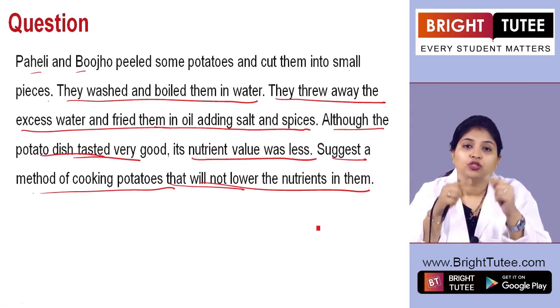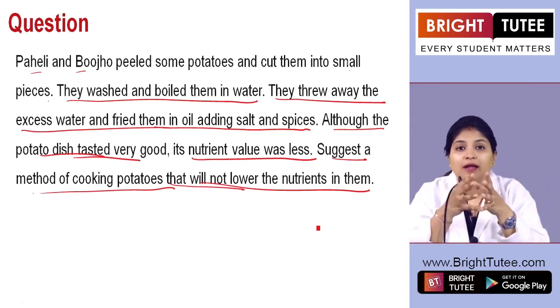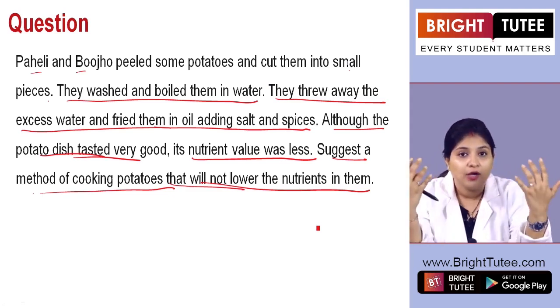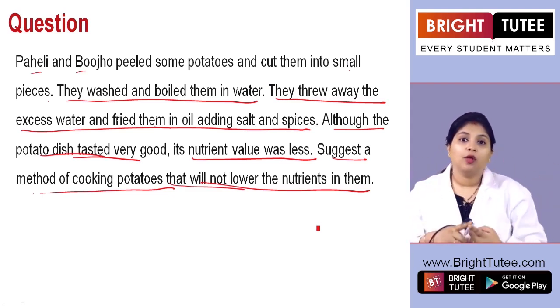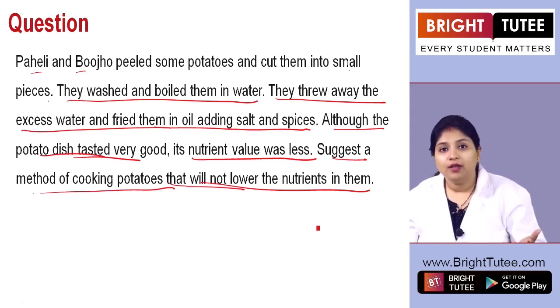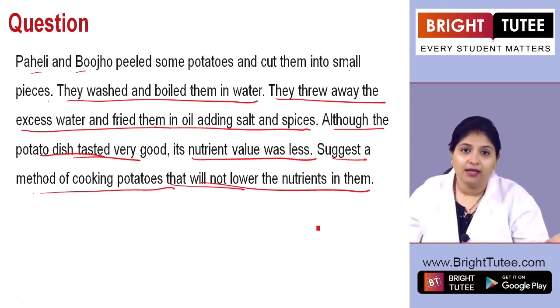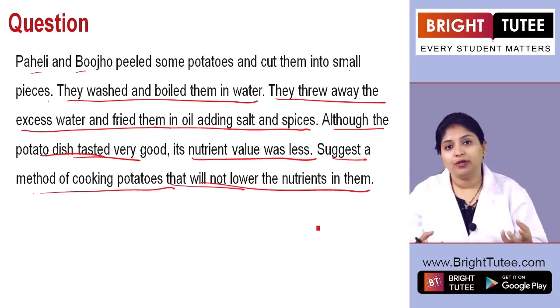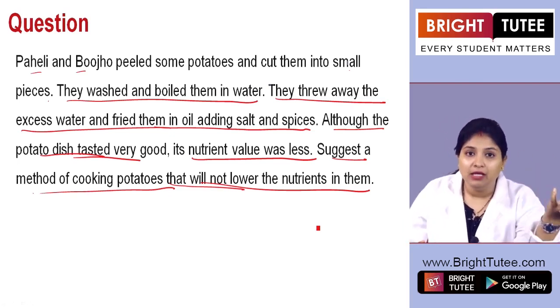This was something which they shouldn't have done, right? Because that water contained all the nutrients that the potato had to offer, right? And also because they fried it, they increased the fat in it, right? Because of frying, the oil seeped into the potato and it became a fatty meal, right?